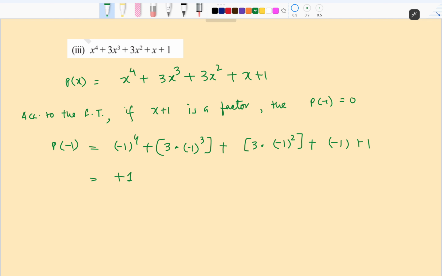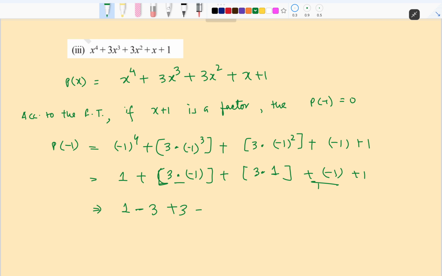So it will be positive 1, or let me just write it as 1, plus 3 into negative 1. Minus 1 cube will be negative 1, plus 3 into 1, plus minus 1, plus 1. This is 1. 3 into negative 1 is minus 3, plus 3. This is minus 1 plus 1. Minus 3 plus 3 cancels out. Minus 1 plus 1 cancels out. p of minus 1 is equal to 1.